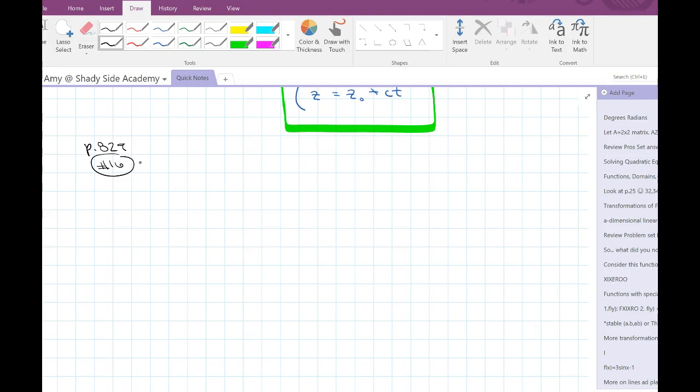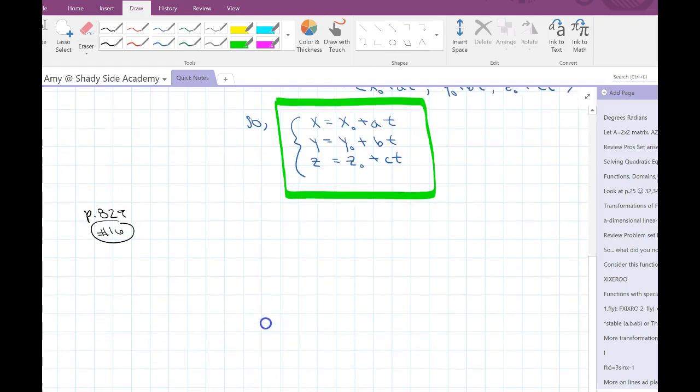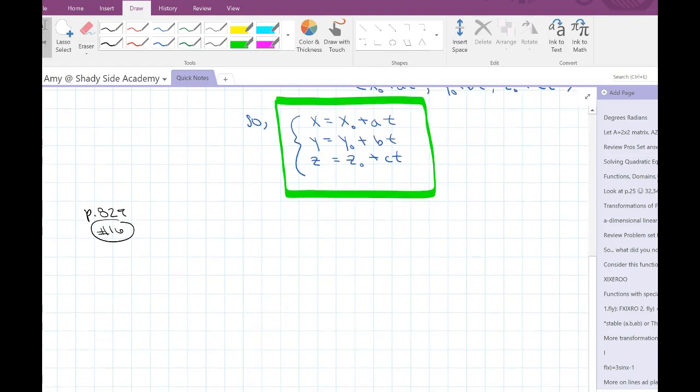And if you look at the instructions for this question, in the box it says, find the parametric equations of the line that satisfies the stated conditions. Well, for number 16, I want my line passing through (2, -1, 5), and I want that line to be parallel to (-1, 2, 7). Well, I don't know how much easier it could be, because x naught, y naught, z naught is the point that you want your line to pass through.